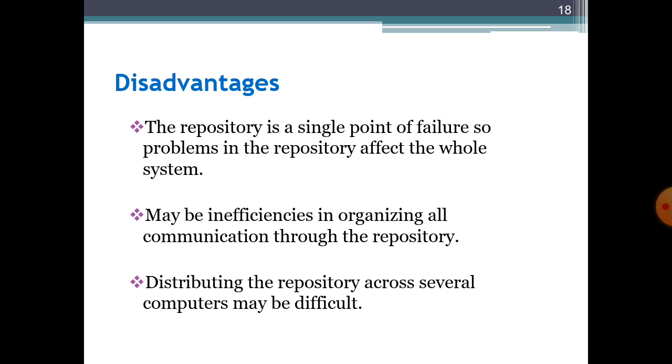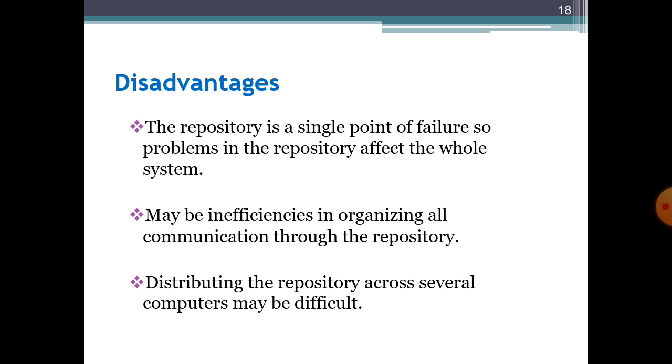Where we have some advantages, we also have some disadvantages. Because we have a single data store, a single point of failure is a main drawback of this repository architecture. Another drawback is inefficiencies in any organization that lacks communication through this repository.